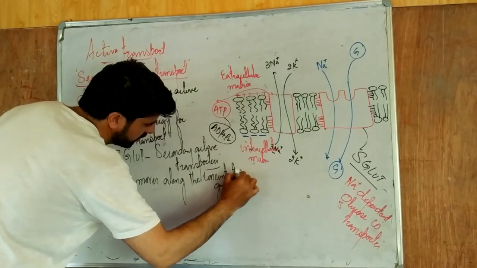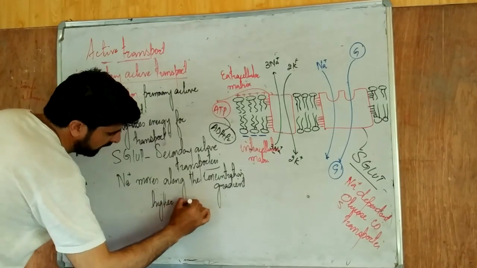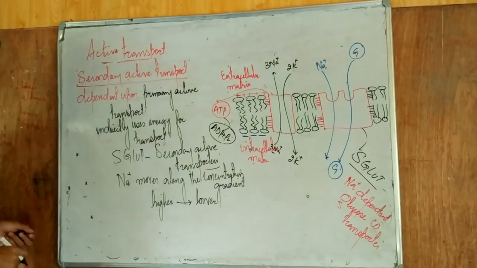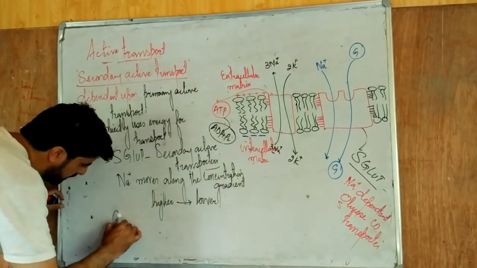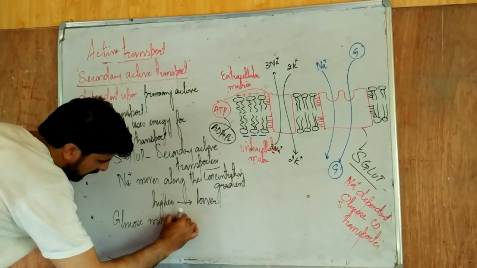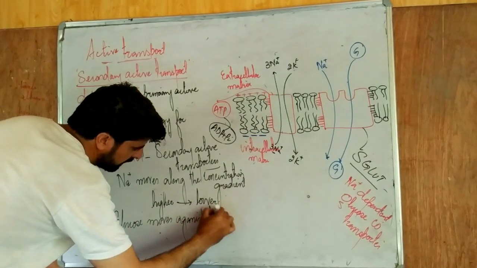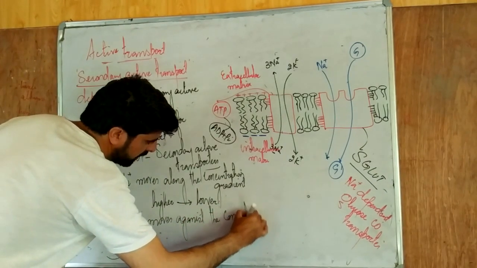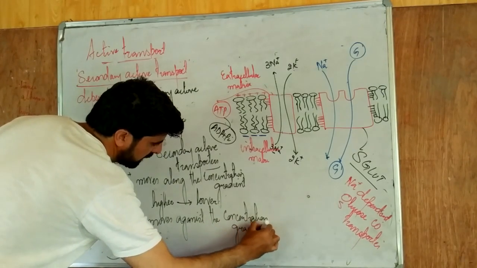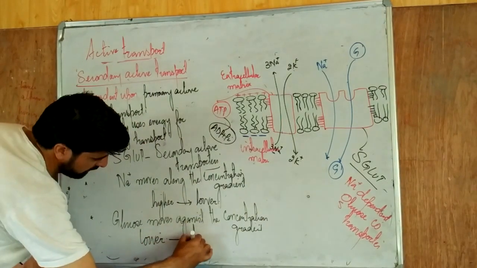That means the sodium moves from higher concentration to lower concentration. But the most important thing is the glucose moves against the concentration gradient. That means it moves from lower concentration to higher concentration.